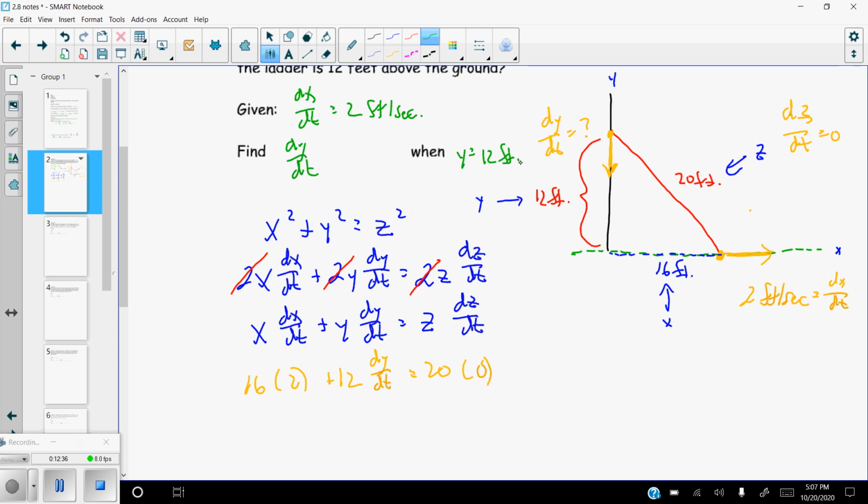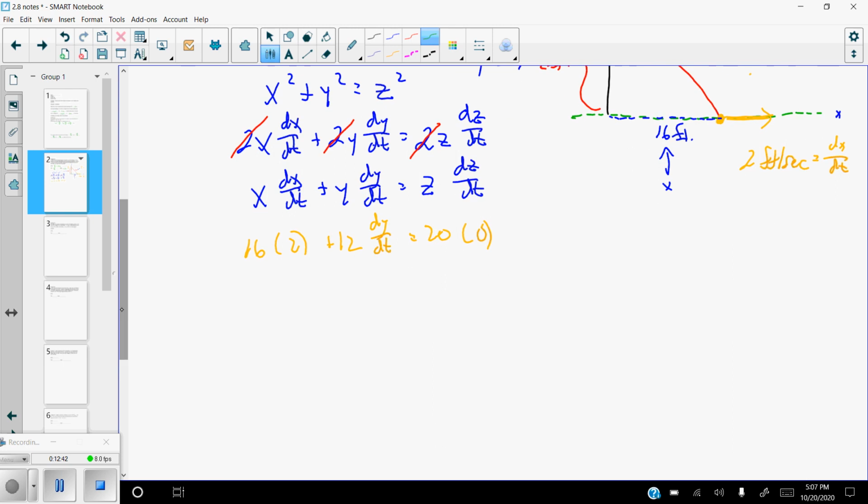Okay, so now we can pretty much solve for dy over dt. Right side of the equation is pretty easy. That's just 0. Left side is going to give me 32 plus 12 dy over dt.